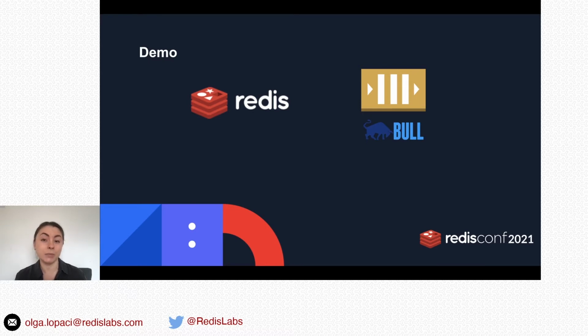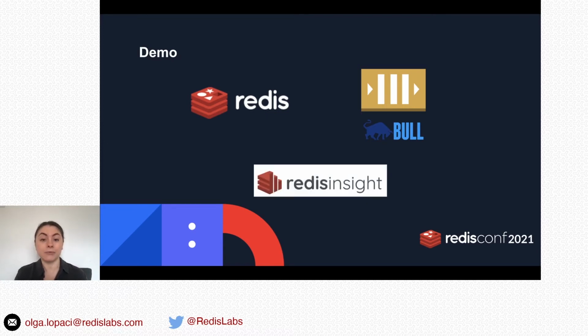And also we're thinking, because Bull and Redis are open source, we'd like perhaps in the future, if we implement some features on top of Bull, for example, we'd like to know the internal workings of it. So we'll be using Redis Inside in order to deconstruct how Bull leverages Redis data structures.